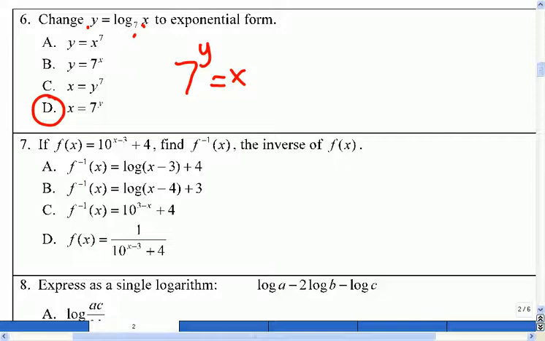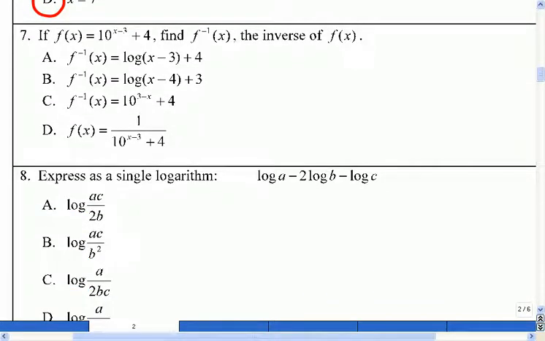Okay. Now we talked about this about a week ago, I guess, with inverses and how to do that. The first step is the same as it always was before. It was to switch x and y. So we would have 10 to the y. Well, of course, that's easy to fix though. Y minus 3 plus 4.